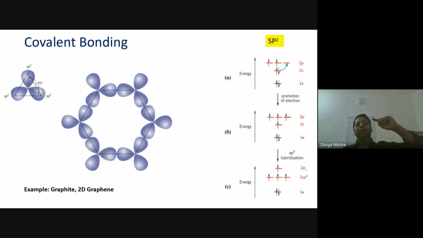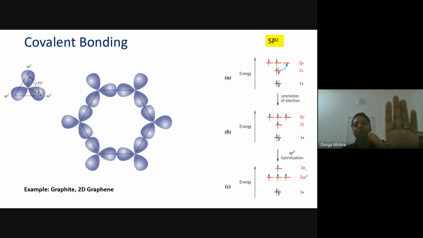It will also develop a very interesting kind of bonding between two layers of carbon. Here you see one hexagon, where each point represents a carbon atom: one, two, three, four, five, six carbons.